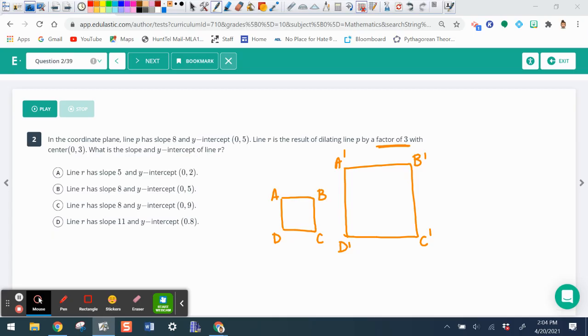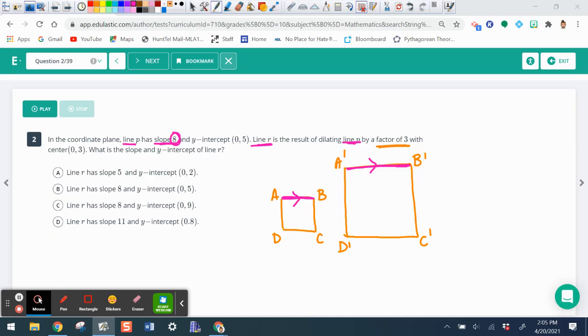The interesting thing about a dilation is that corresponding segments are going to be parallel to each other. So AB is going to be parallel to segment A prime B prime. And one of the key characteristics of parallel lines is that they have the same slope. So if line P has a slope of 8 and line R is the result of dilating line P, then line R also has to have a slope of 8.